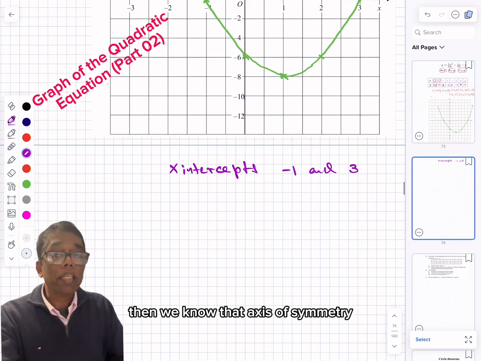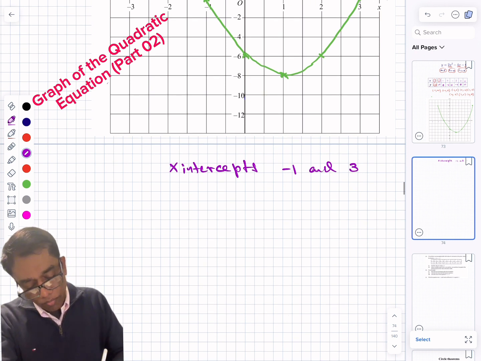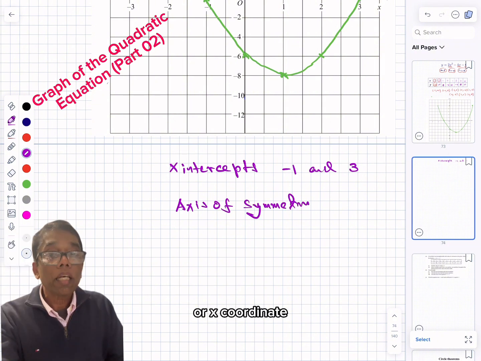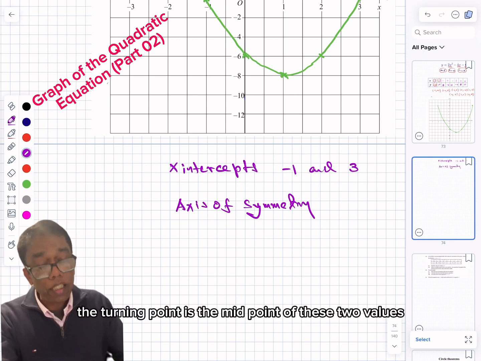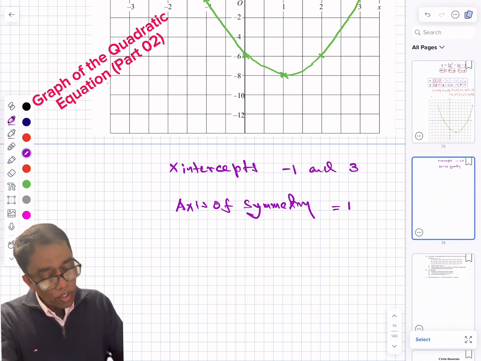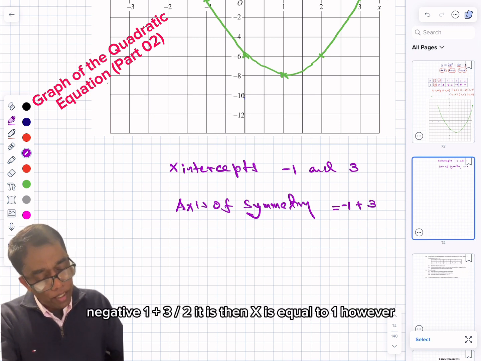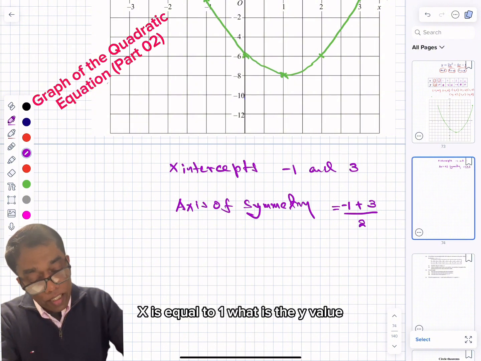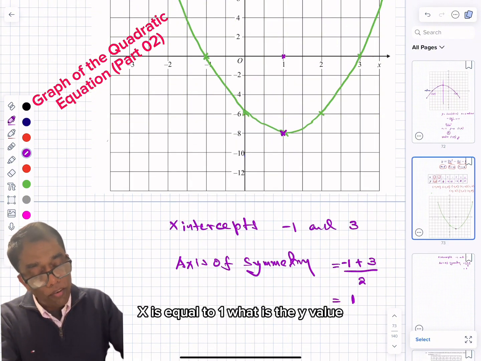Then we know that the axis of symmetry, or the x-coordinate of the turning point, is the midpoint of these two values. Negative 1 plus 3 divided by 2 gives x is equal to 1. However, when x is equal to 1, what is the y value?